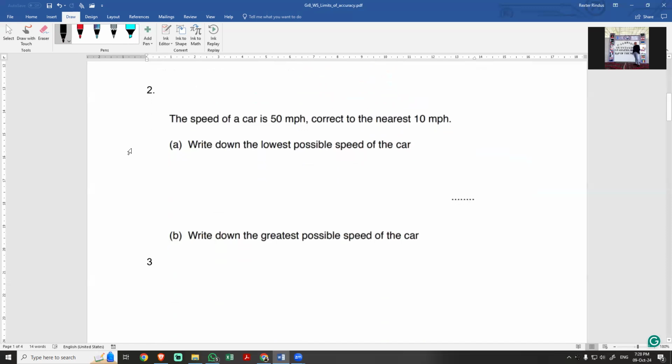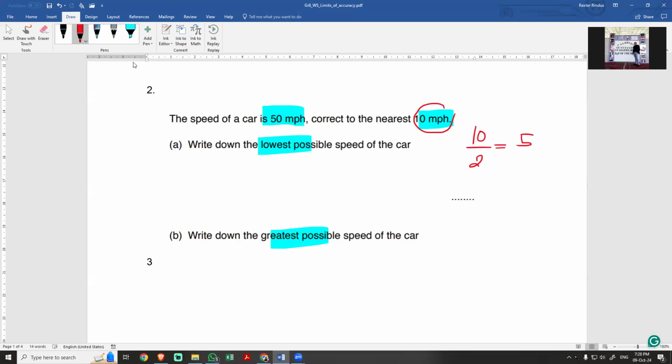Question number 2 says the speed of the car is 50 miles per hour corrected to 10 miles per hour. They're asking for the lowest possible, which means lower bound, and the greatest possible would be the upper bound. So the same thing, this is your guide on how you'll get the positive and negative value for it. It's going to be 10 divided by 2, so your tolerance is 5.